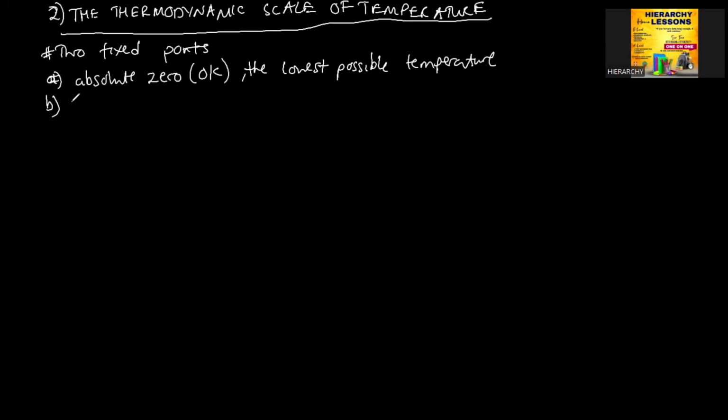The second fixed point is called the triple point of water. This is 273.16 kelvins. So what is the triple point of water?